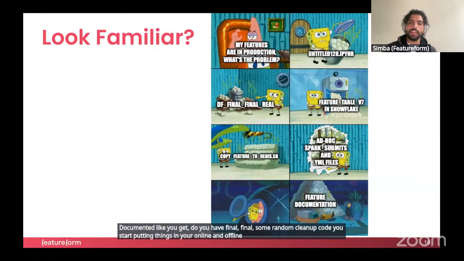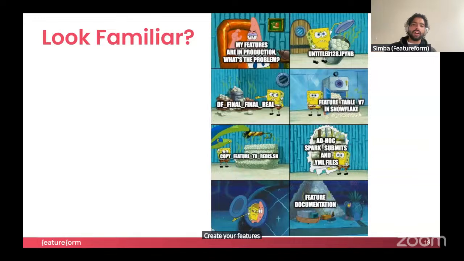You end up with feature table v7 in your Databricks. You end up with shell scripts getting run that do ad hoc jobs on Databricks that create your features. And to top all of this off, there's no documentation of what to do in what order and how it all works. So it's chaotic, to say the least.